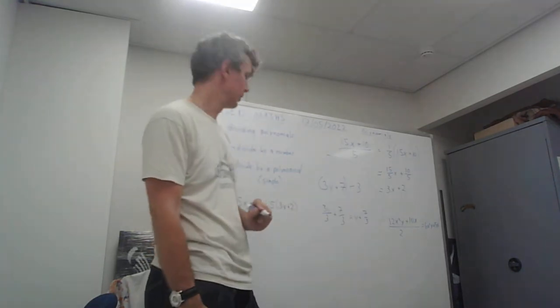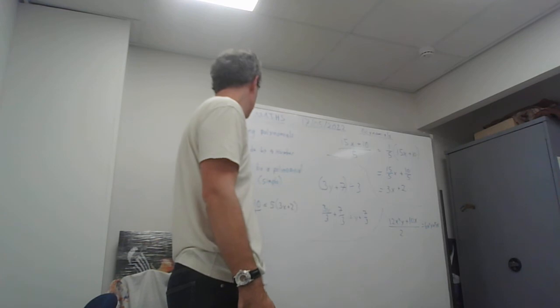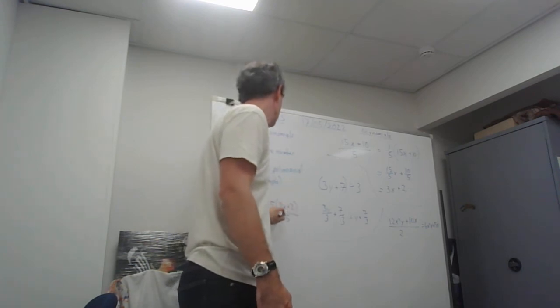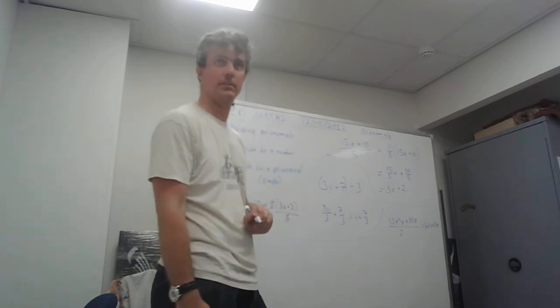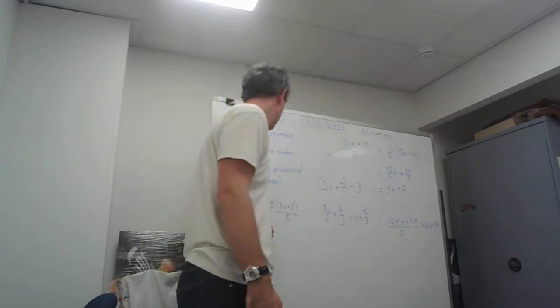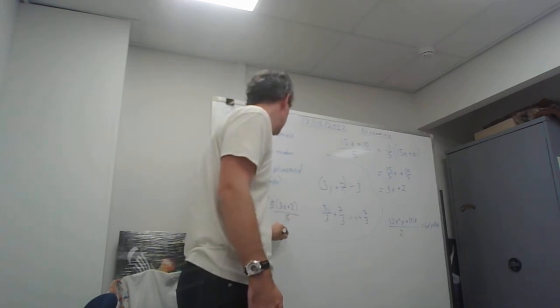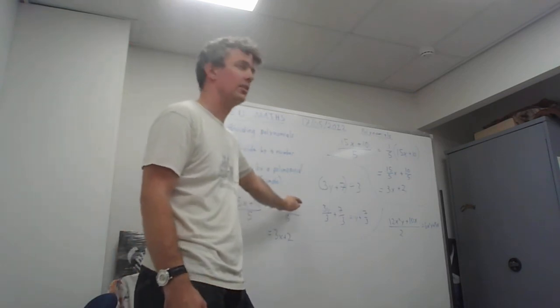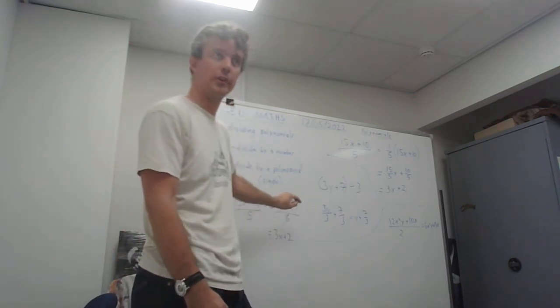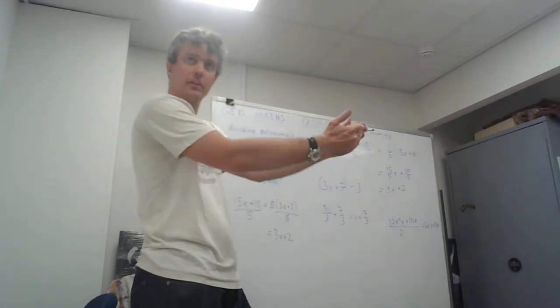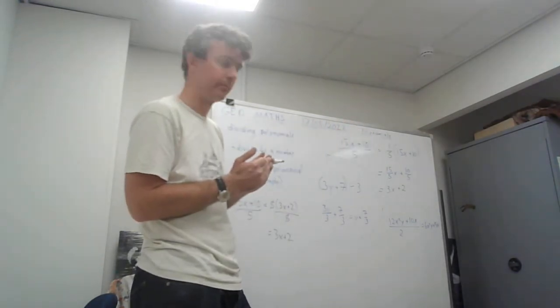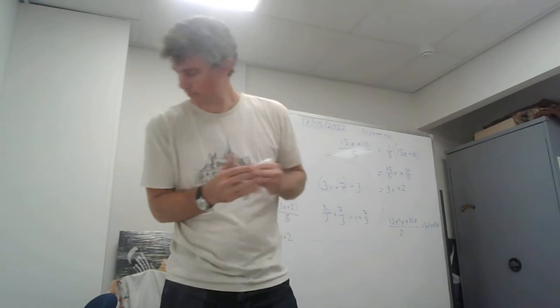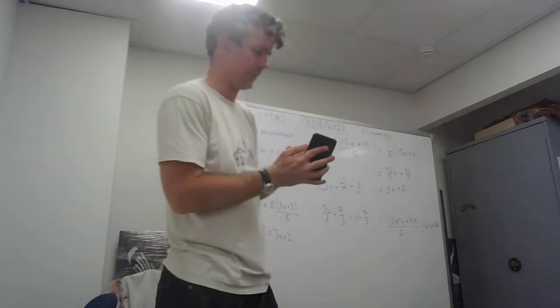Then if this is over 5, these 5's cancel, and it gives us 3x plus 2. This is going to be key when you're solving these problems, using the distributive property to pull out the common term. Take a picture of that as well.